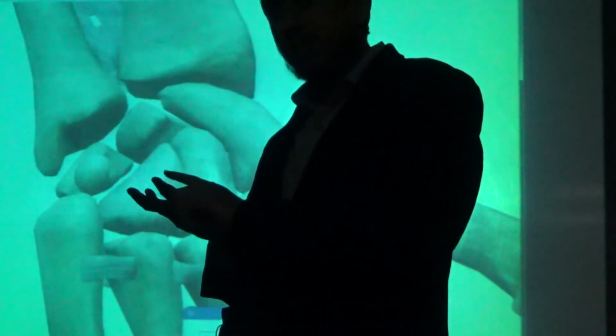1, 2, 3, 4. Start from here, from lateral, from the thumb. This thumb has a power. This thumb can move here and there very easily as compared to the finger. So these fingers cannot move very easily in front of each other.